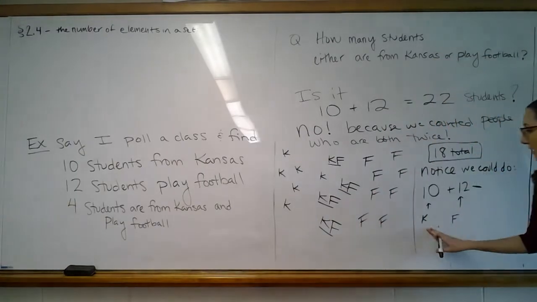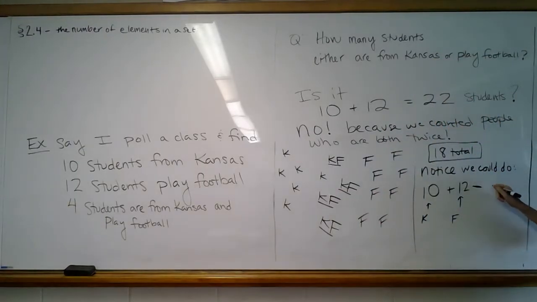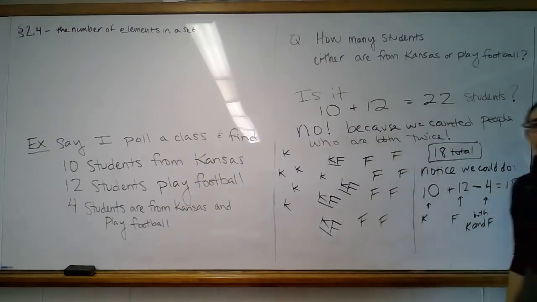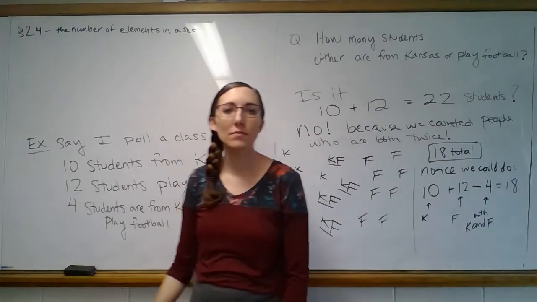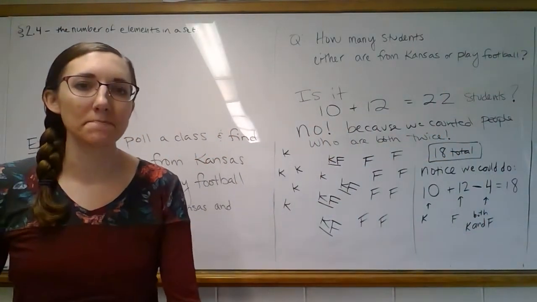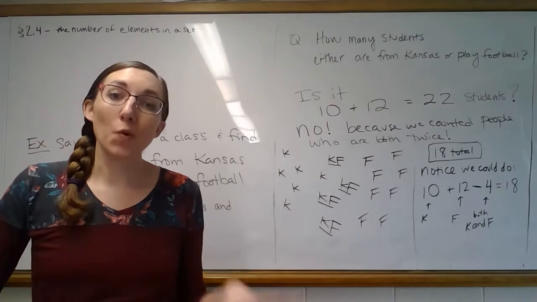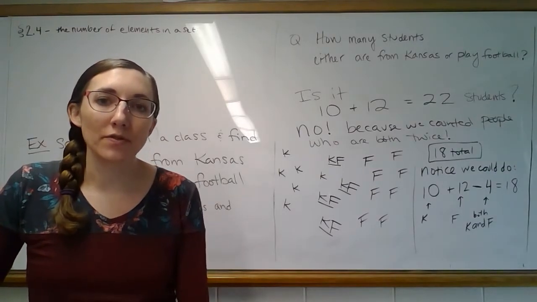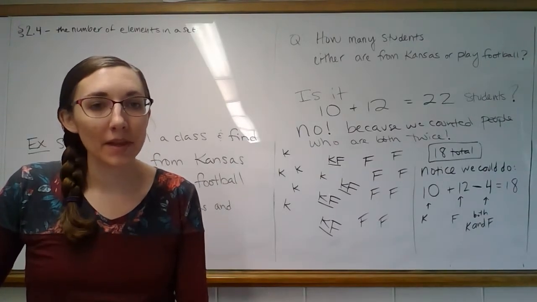So I could do the Kansas people plus the football people minus the people who do both, which was 4. So this is both Kansas and football. And if you do that, you get 18, which is the number that we wanted. This is one concept that we're going to use for this idea.